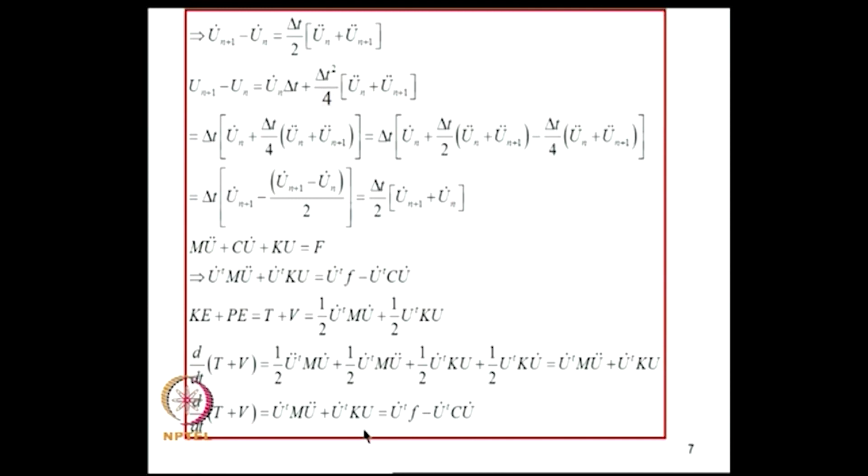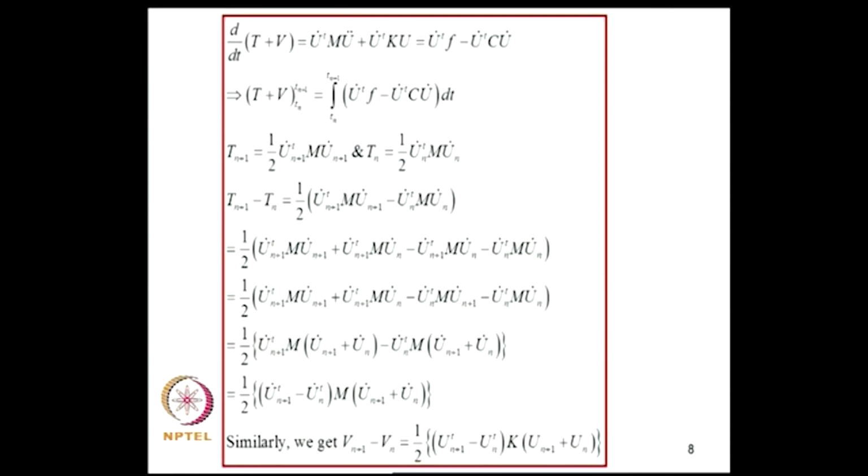Now, if I integrate this T plus V from t n to t n plus 1, we will get this integral. At n plus 1 the kinetic energy will be given by this, and at t n I have this expression, where you replace n plus 1 by n.